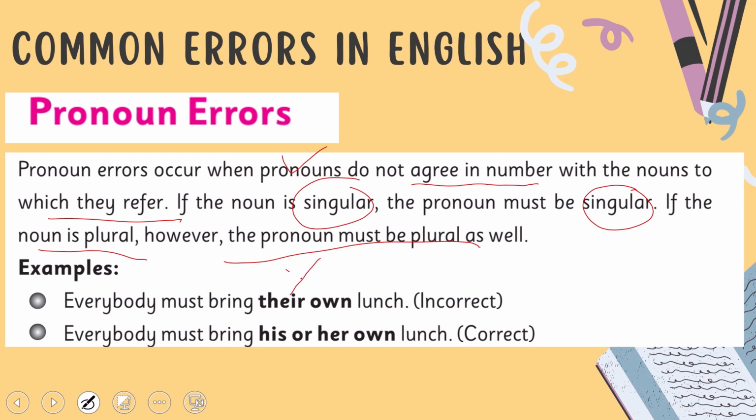It's incorrect. Everybody must bring his or her own lunch, because we are referring to everybody. Everybody is singular, every single person, his or her. So this is the right way. You can't use their with everybody.